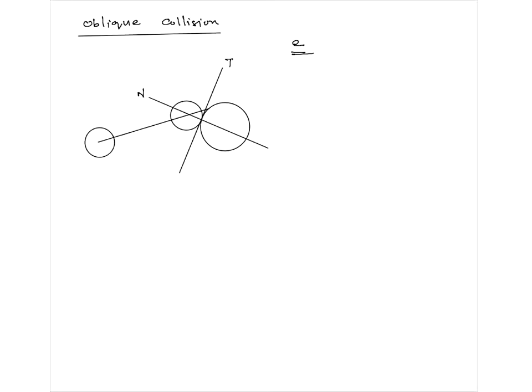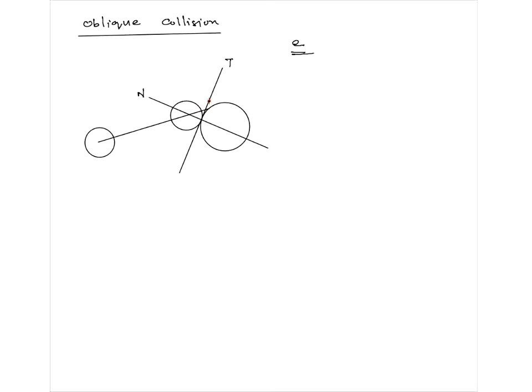Now, why so? One reason for n, I told you, normal direction. There's one more reason. When the two bodies interact, the forces are along the normal direction. That means along the tangential direction, there is no force.